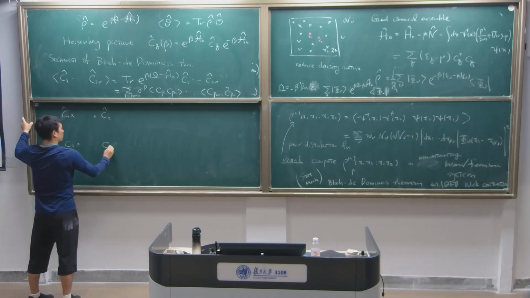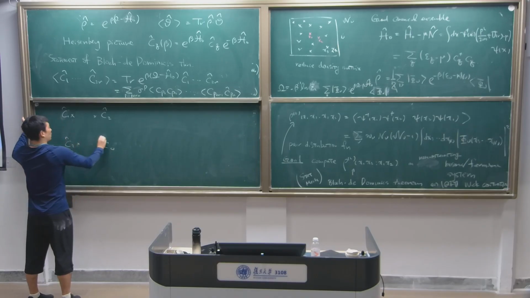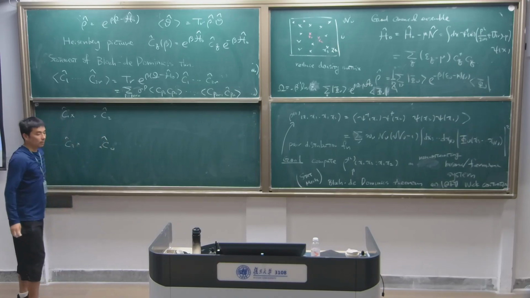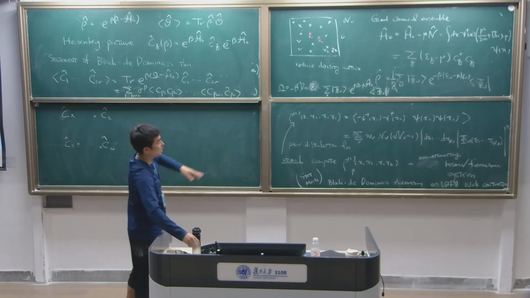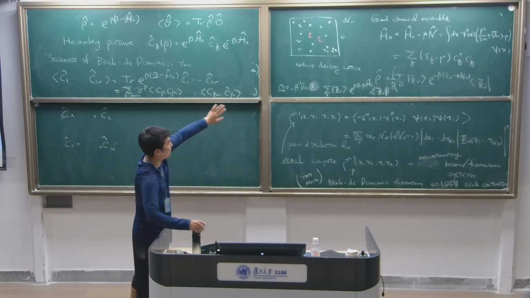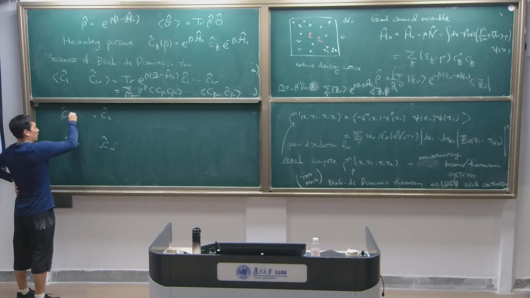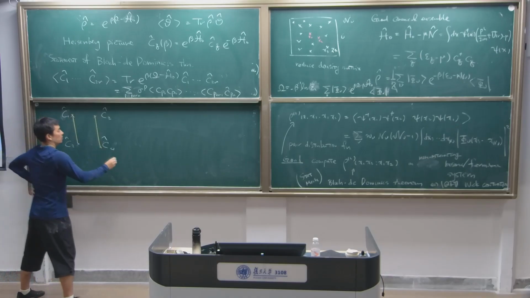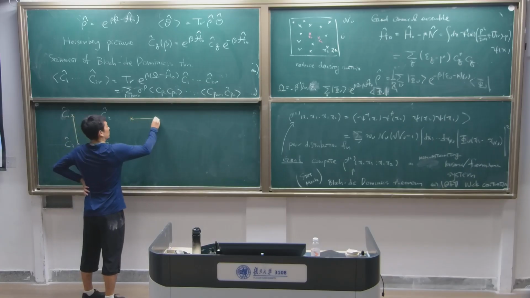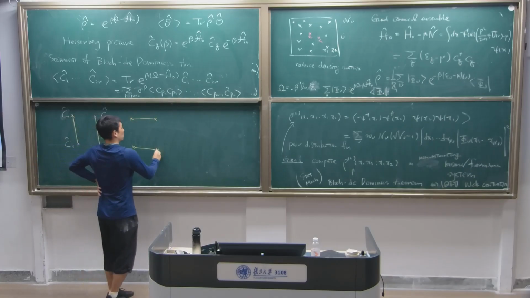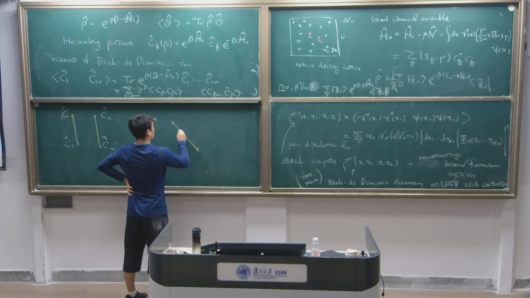To compute this correlation function, or pair distribution, you just have this pairing, or this one, or this one.